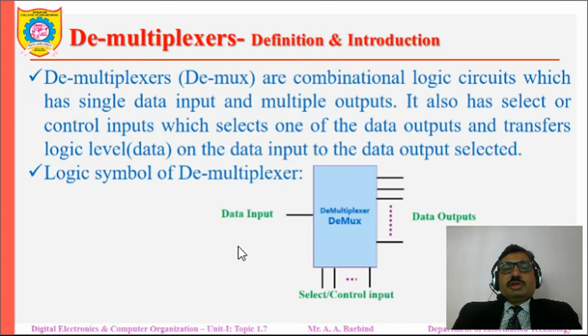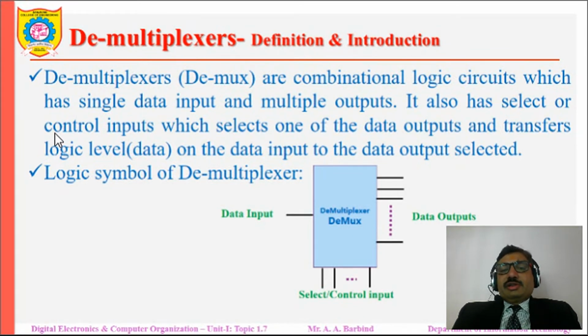First of all, what is a decoder or demultiplexer? Demultiplexers, demux, are combinational logic circuits which have a single data input and multiple outputs.